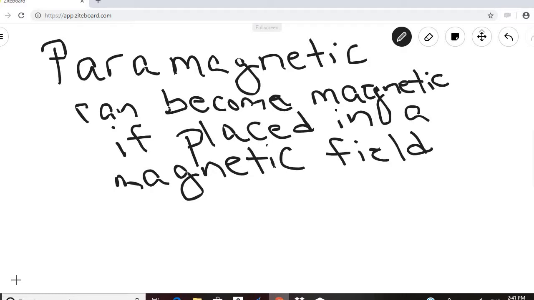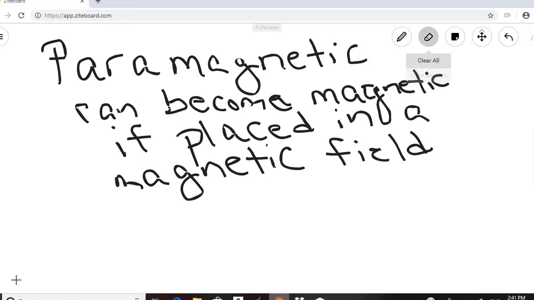However, a paramagnetic substance will return to being non-magnetic if the magnetic field is removed. So they can become magnetic, but when you remove the magnetic field, then they return to a situation in which they are no longer magnetic.